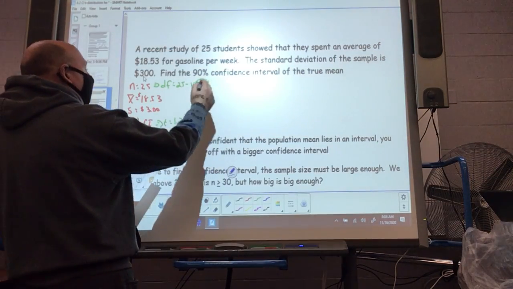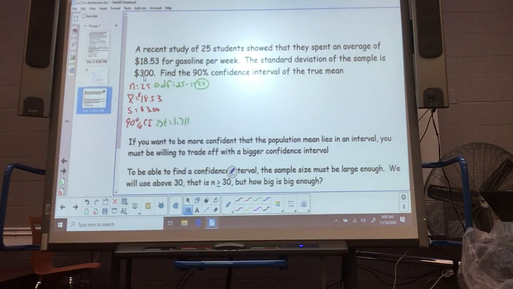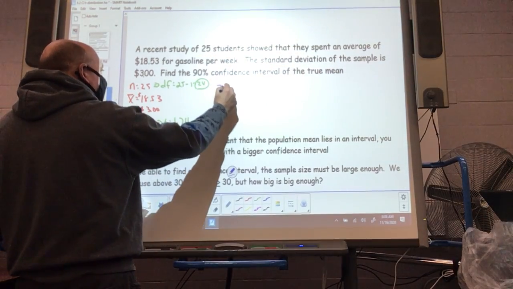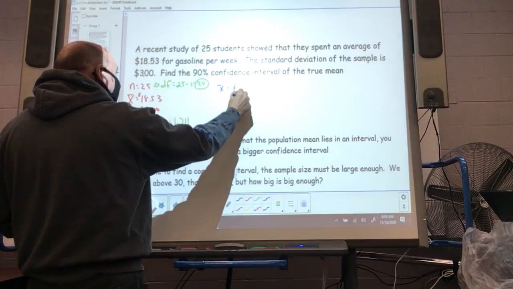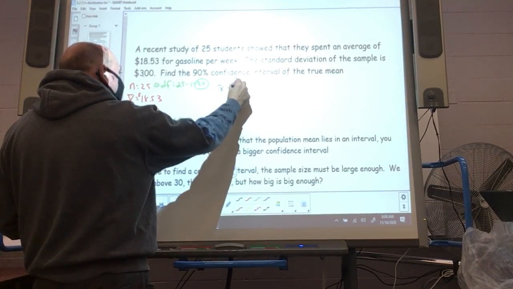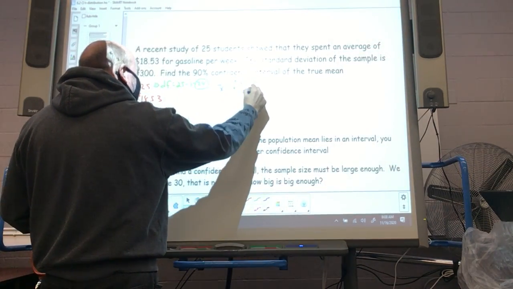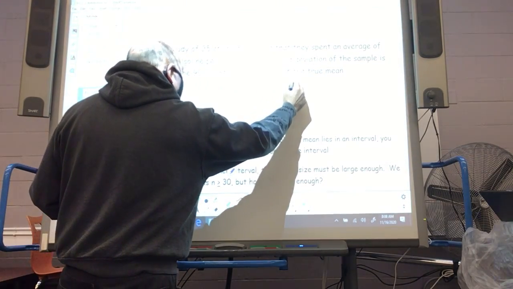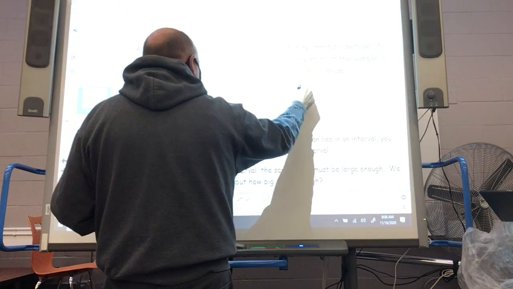So we have to calculate our confidence interval. We have x bar minus a t for the confidence interval, or z, doesn't matter, times the standard deviation over the square root of n, and then the same thing but a plus.